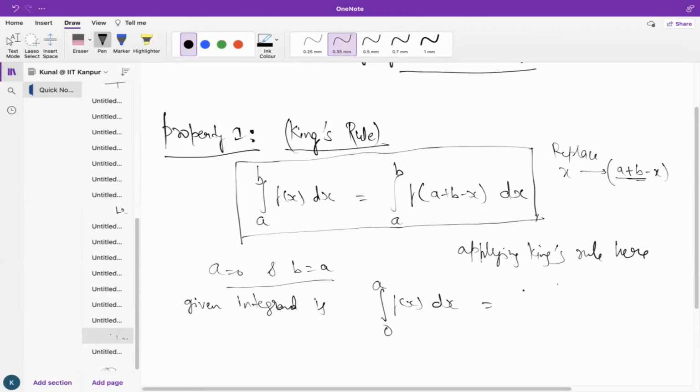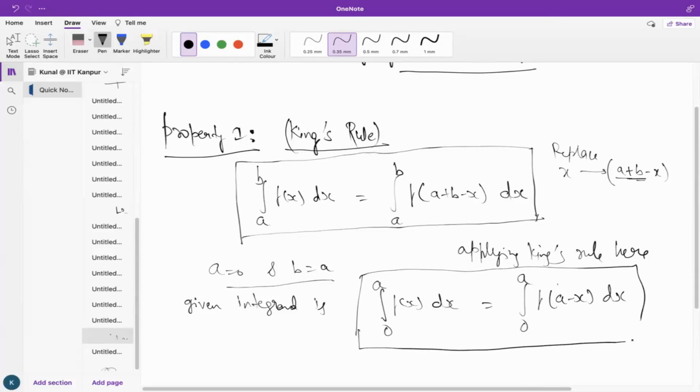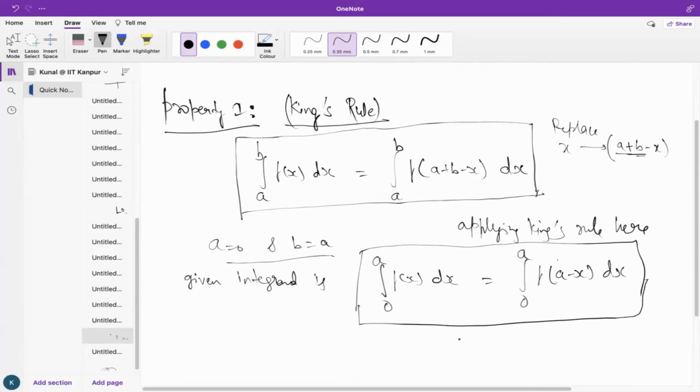what do we get? We get the integration of f(a minus x) dx, integrating from 0 to a. So if you look here, what I did is I just replaced x by a plus 0 minus x.